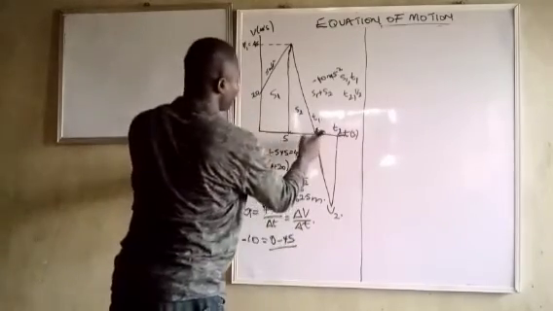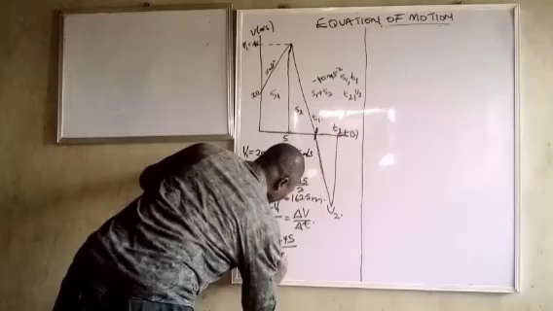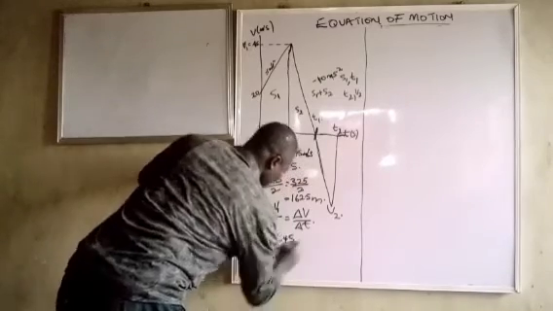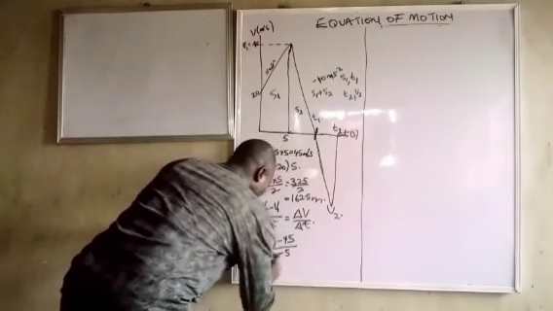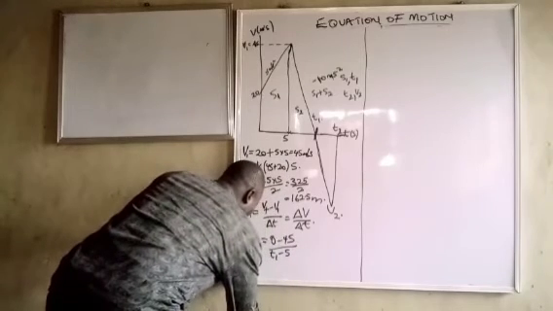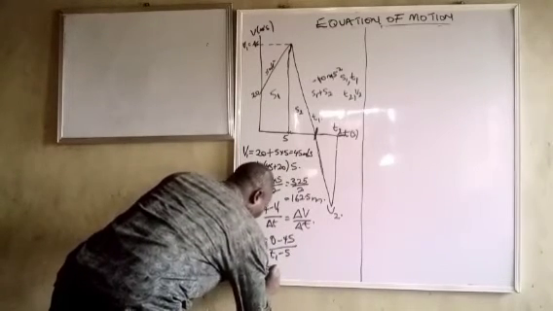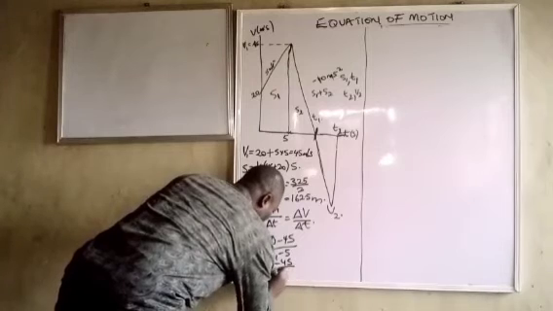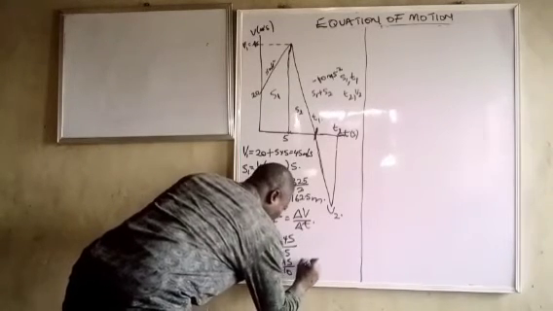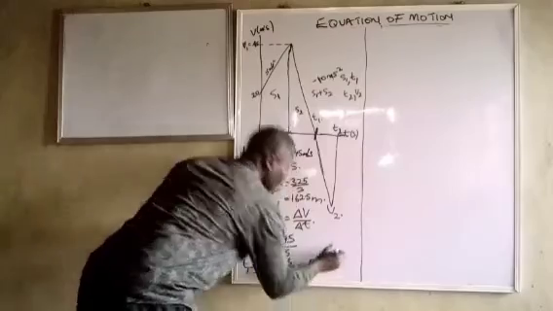What is change in time? T1 minus 5. And what does that give me? T1 minus 5 is equal to minus 45 over minus 10, which is 4.5.